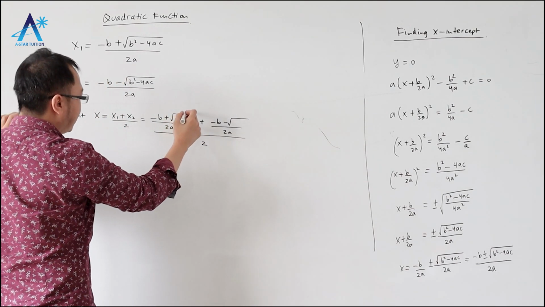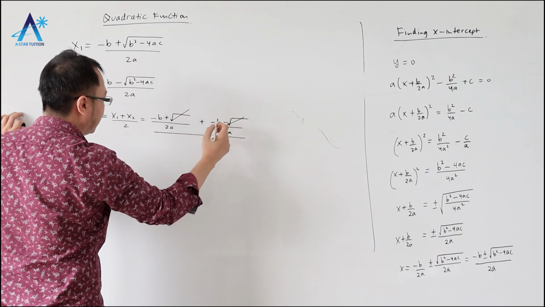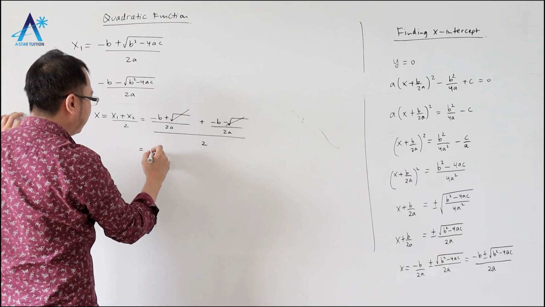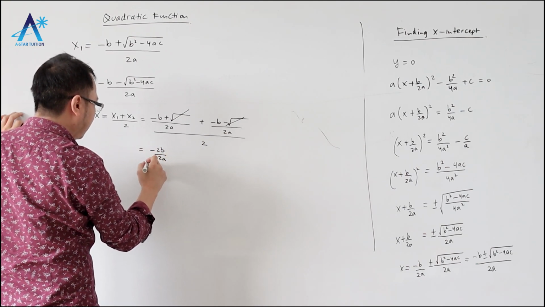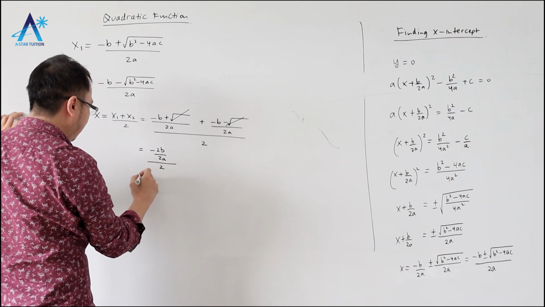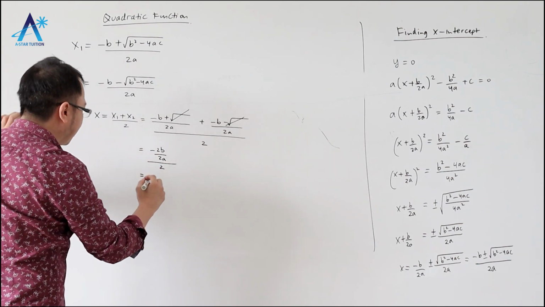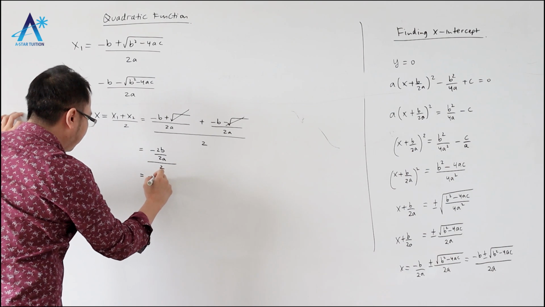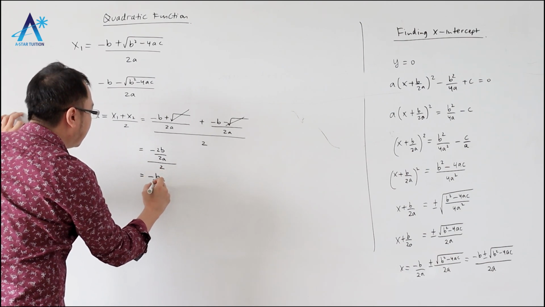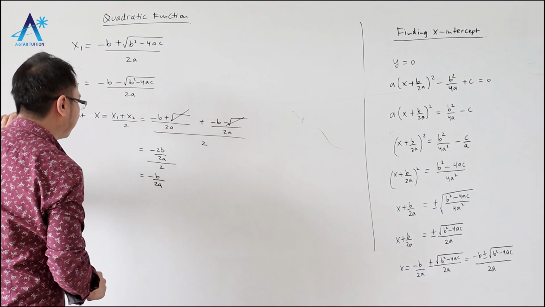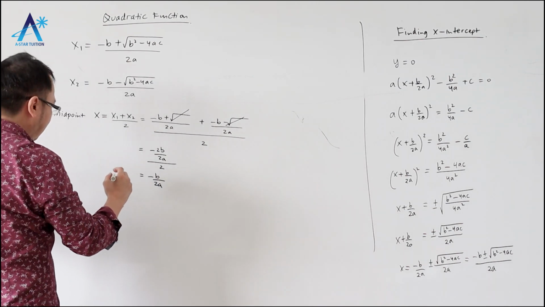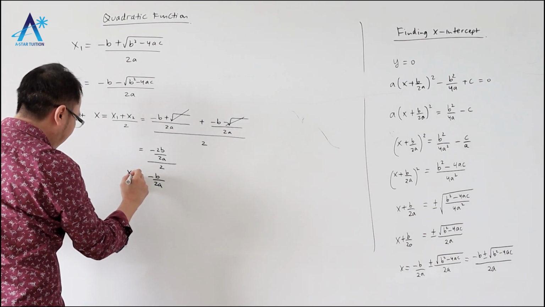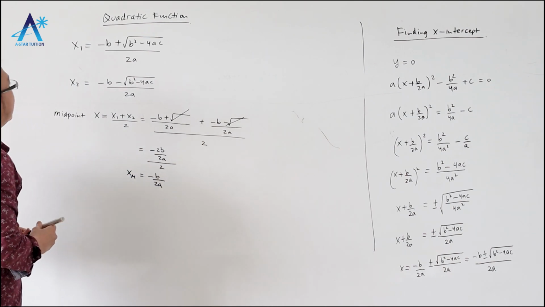Now this square root will cancel this square root, so we will have negative 2b over 2a divided by 2, and this is going to give us negative b over 2a. Okay, this is called the x of the midpoint.